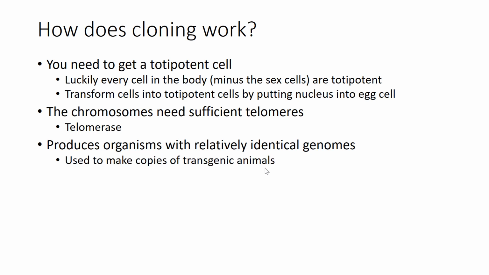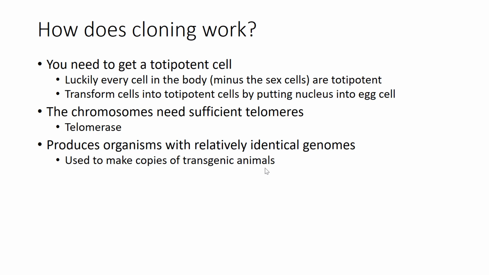But originally, cloning with Dolly the sheep was done to make a lot of copies of transgenic animals. And so this is still done with cattle and with sheep that were specially designed transgenic animals to produce human proteins, like copies of human growth hormone or copies of human insulin or copies of various human genes.